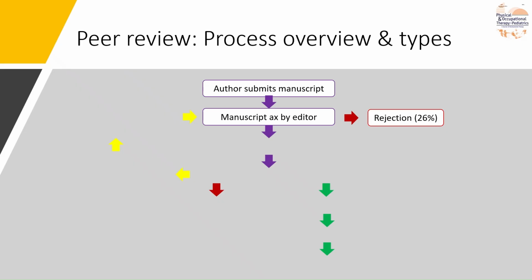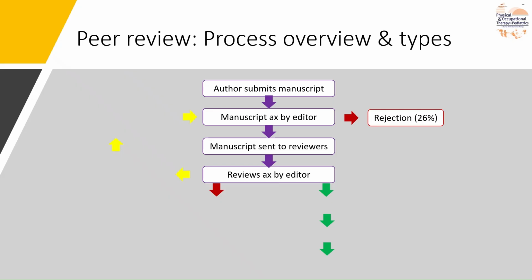So if the manuscript passes this initial assessment, it is sent to 2 or more expert reviewers. Once those reviews are returned, the editor then evaluates the feedback and makes a decision to accept, to reject, or to request revisions. And in many cases, the manuscript goes through at least one round of revisions, if not more.